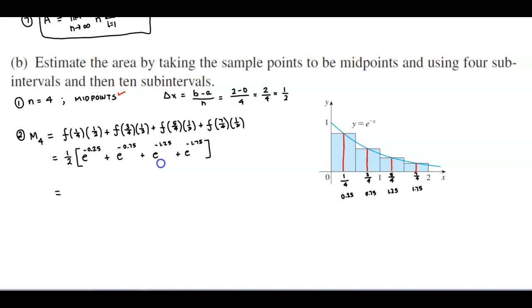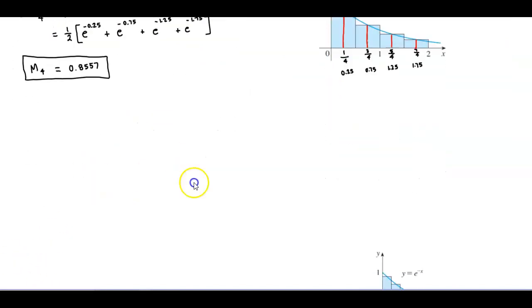Okay, and then when we multiply that all out, we get an area of 0.8557. So that is using the midpoint of 4 subintervals.